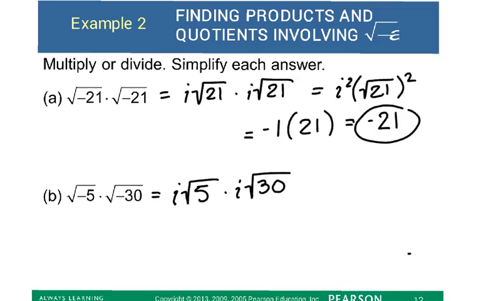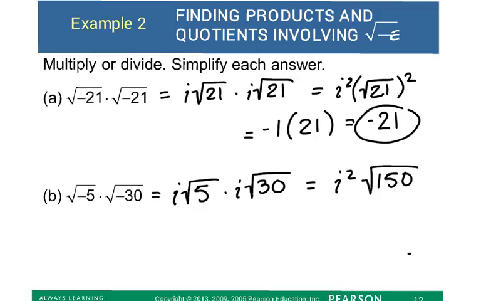Okay, so again, now that both numbers are positive inside the square root, we can use that rule that we previously covered in the previous slide. Let's do that. So i times i, that's i squared, and square root of 5 times the square root of 30, that gives us the square root of 150.